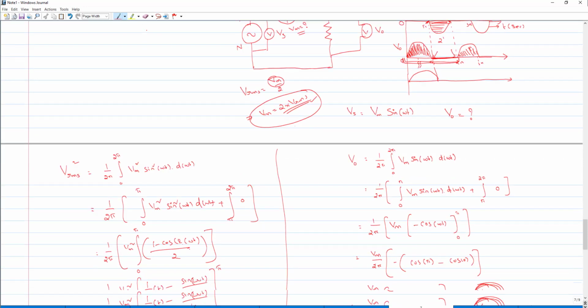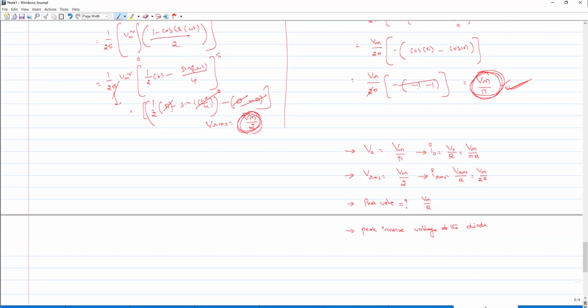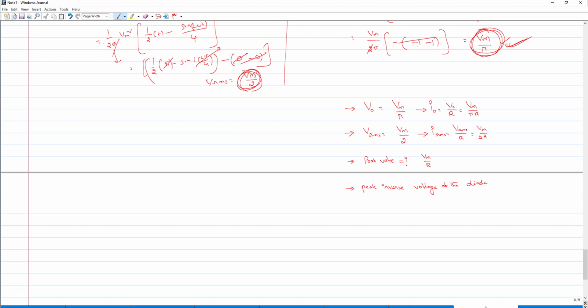Now, what is the power that is delivered to the load? How much power is delivered to the load? Generally we measure the power in terms of RMS value, Vrms into Irms.